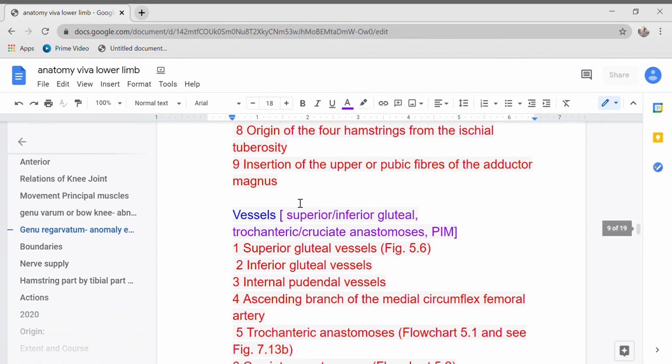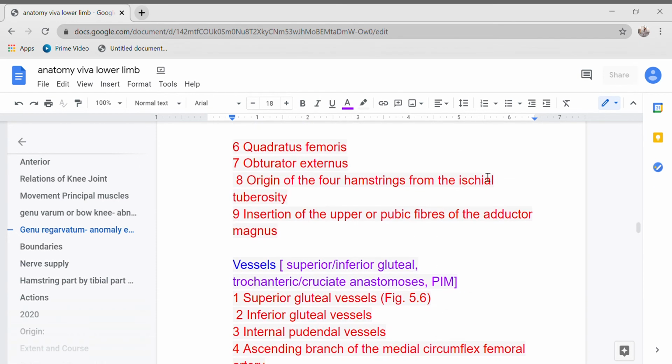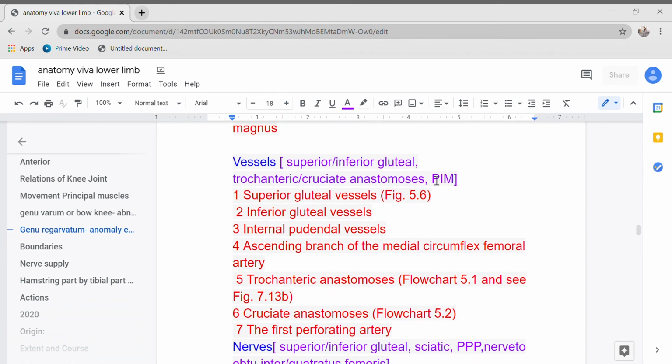Superior and inferior gluteal vessels, and the pudendal vessels. PIM, like HAPPY you remember PIM: internal pudendal vessels, first perforating artery, ascending branch of medial circumflex. Along with that, you have the trochanteric and cruciate anastomosis.